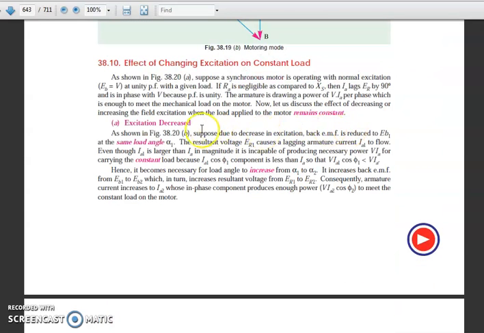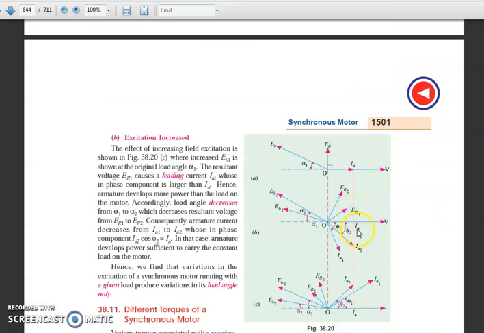Okay, now this point is discussed. Now, if we have the load constant and we decrease the excitation, suppose due to the decrease in excitation the back EMF is reduced to EB1, already here in this figure.